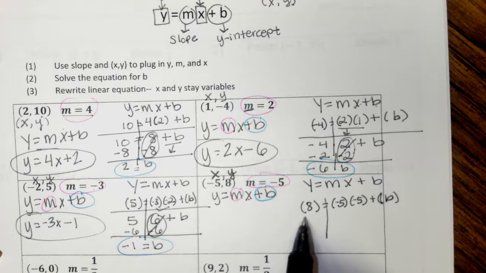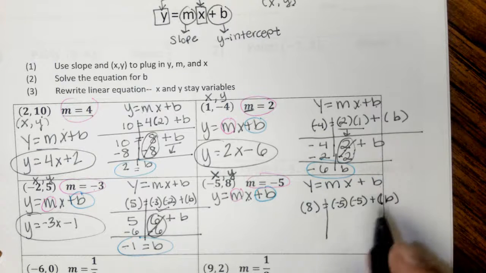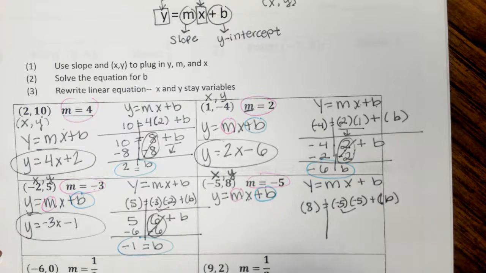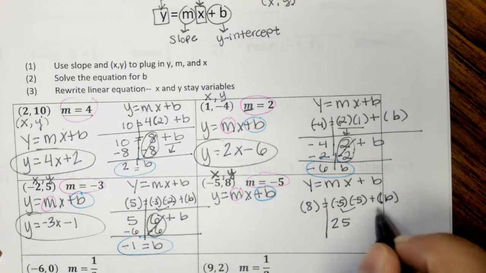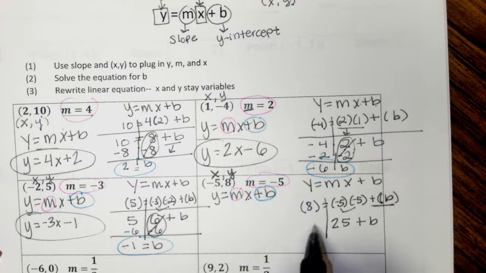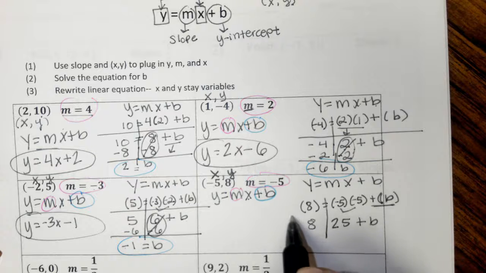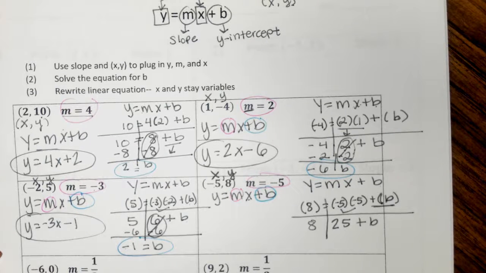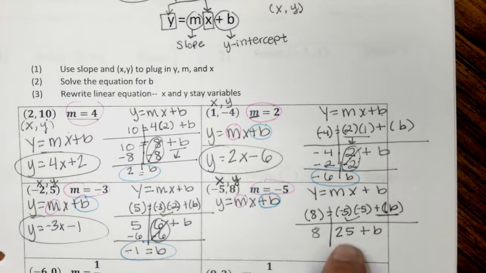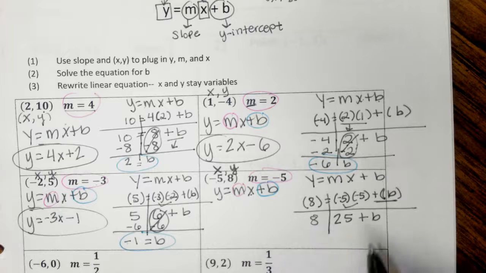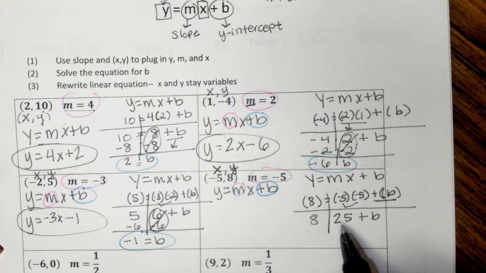On the left side, we have just one term, and we can't do anything there. But on the right side, I have a multiplication that I can perform. -5 times -5 is +25. We still have the plus b. On the left, we still have the 8. All of the variables are on the right side, so I have to get all of the constants to the left side, which means I need to get rid of the constant 25.